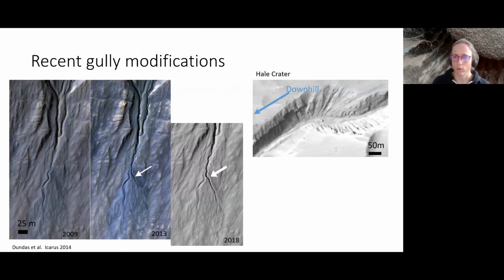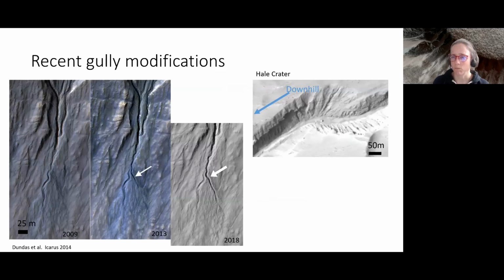However, what we've seen with much longer observations over the last 15 years or so is that not only are these new bright deposits occurring, but there are other changes happening. In the example on the left, you can see that between 2009 and 2013, a new channel formed in this particular gully, and in 2018 that channel grew even bigger, so we're actually getting significant erosion into the surface.